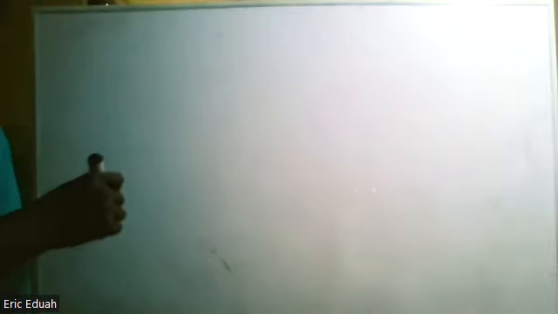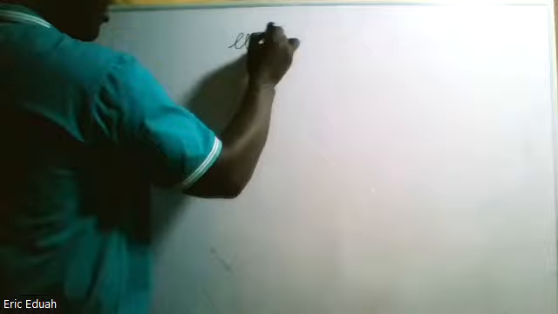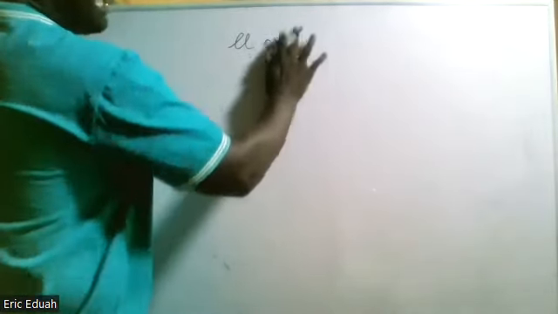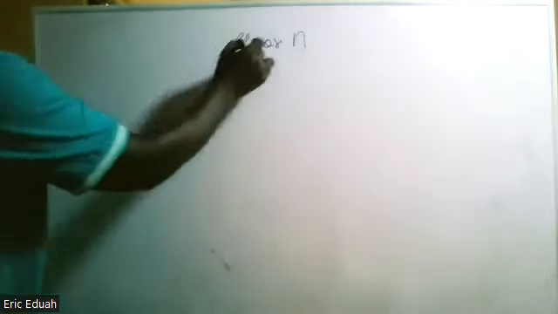Please, what was the symbol for the refractive index? Either mu or mu n. So either this or that is a symbol for refractive index.